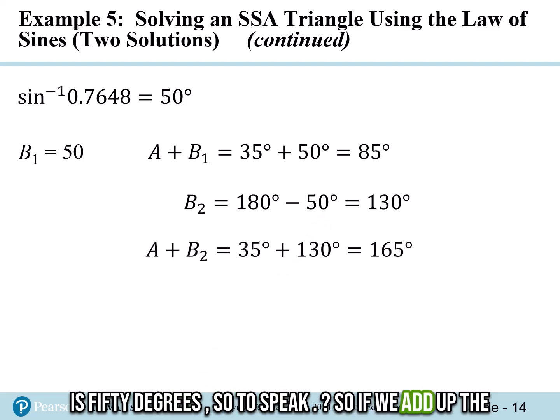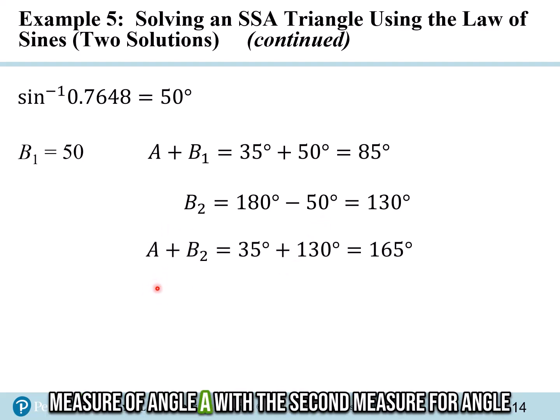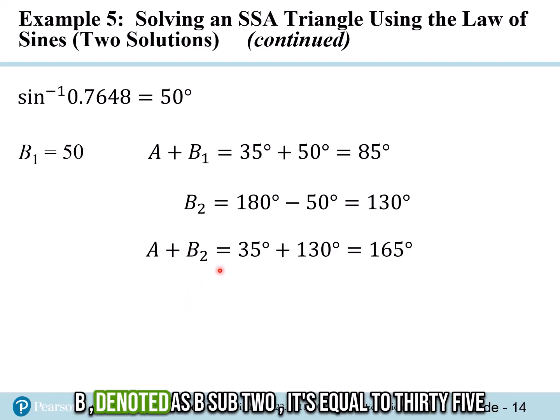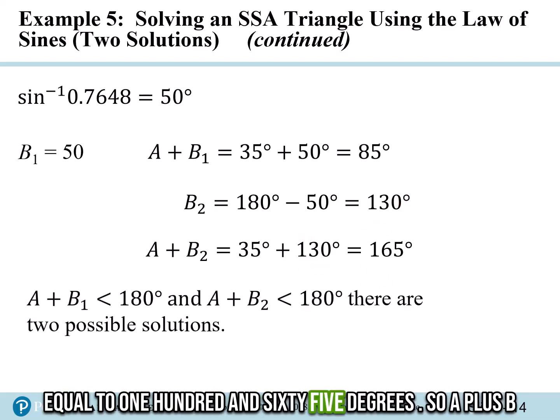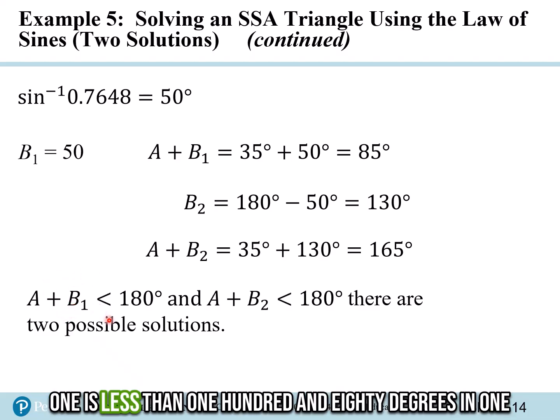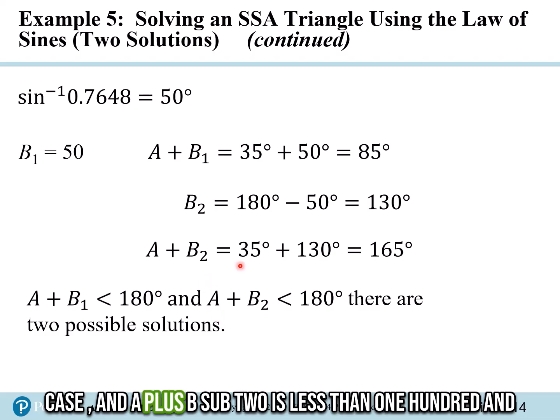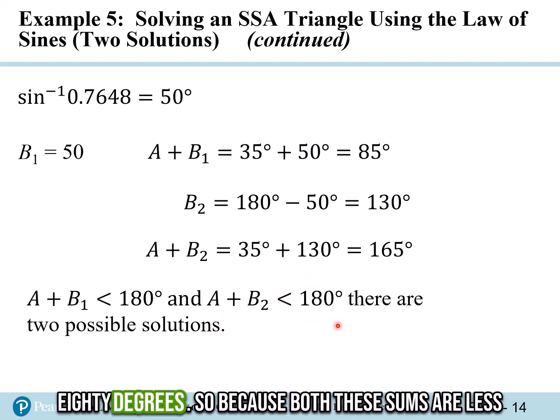So if we add up the measure of angle A with the second measure for angle B, denoted as B sub 2, it's equal to 35 degrees plus 130 degrees, which is equal to 165 degrees. So A plus B1 is less than 180 degrees in one case, and A plus B sub 2 is less than 180 degrees.